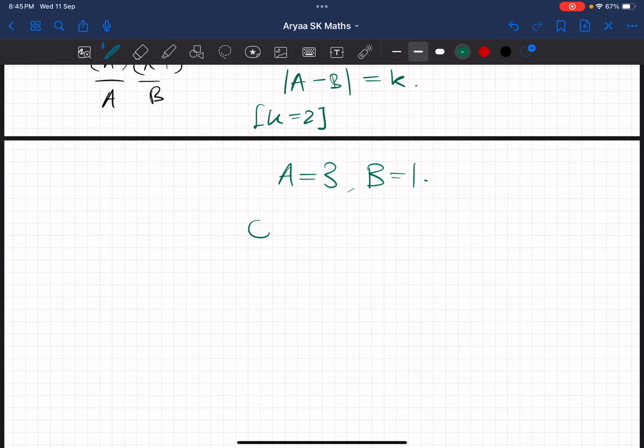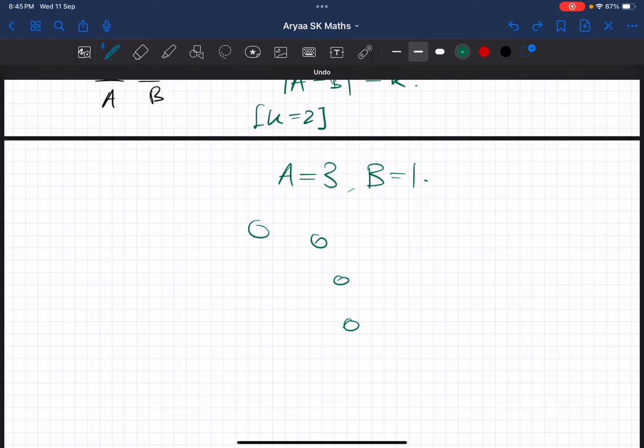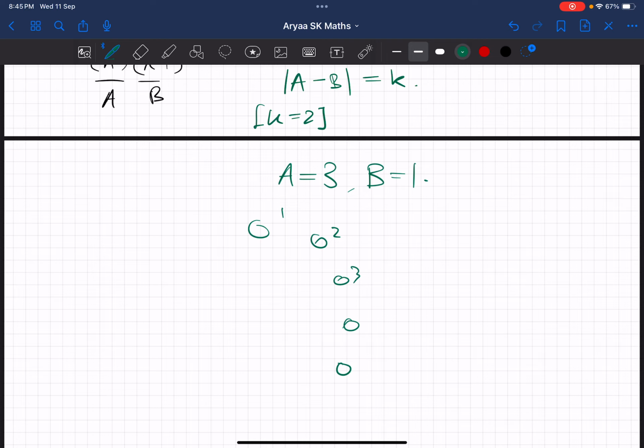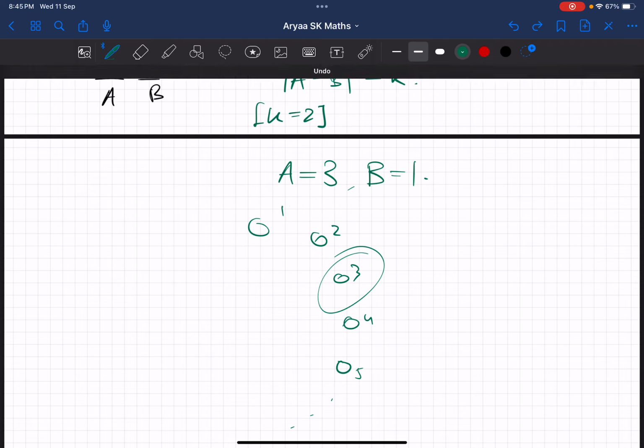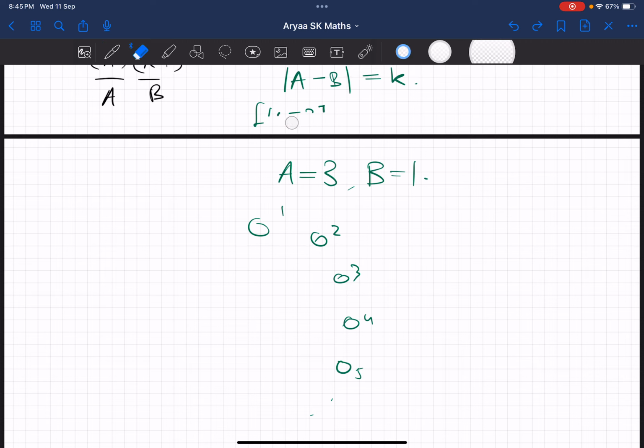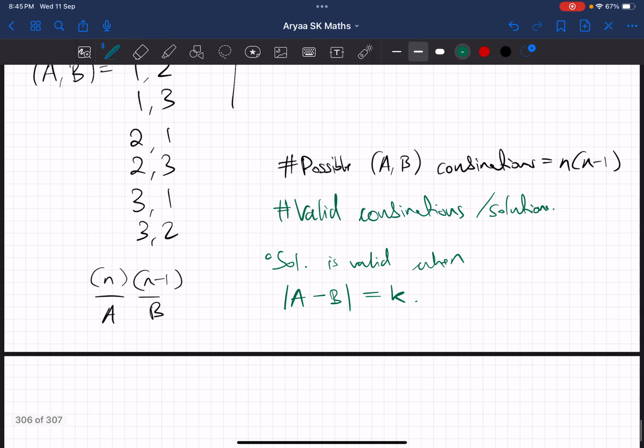Because if we think about this, 1, 2, 3, 4, 5, if A is 3 and B is 1, there's 2 seats separating A and B, so that's a valid combination. So we need to figure out how many of these valid combinations there are out of n multiplied by n minus 1.